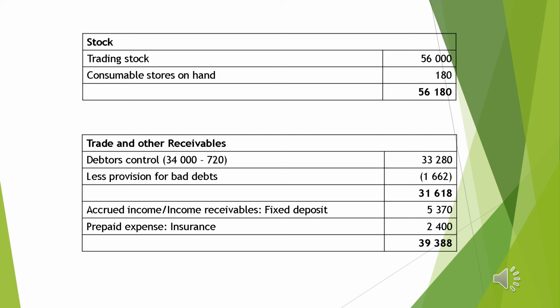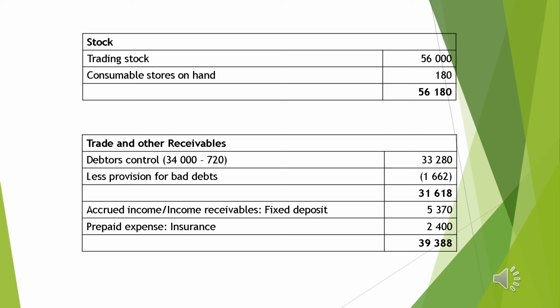Out of the total amount that we expect to receive, 1,662 we won't receive, or there is a high chance that we are not going to receive this amount of money. Then we say minus 1,662. Then we get 31,618.